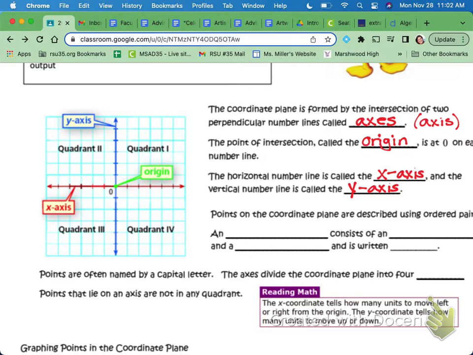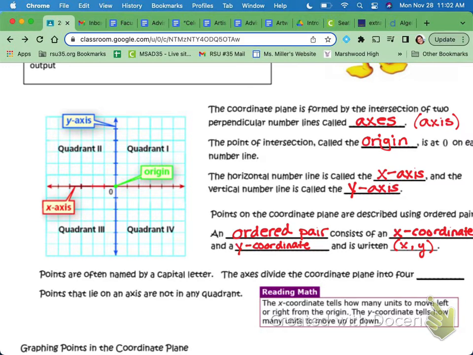Okay, so points on the coordinate plane are described using ordered pairs. An ordered pair consists of an x-coordinate and a y-coordinate, and we write it as parentheses x comma y, which do not confuse that for our interval notation of inequalities.